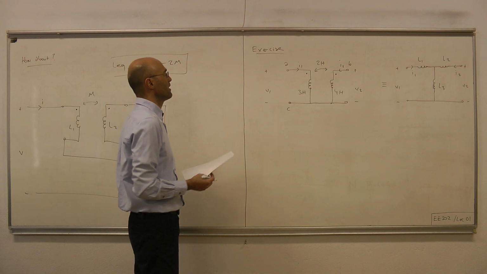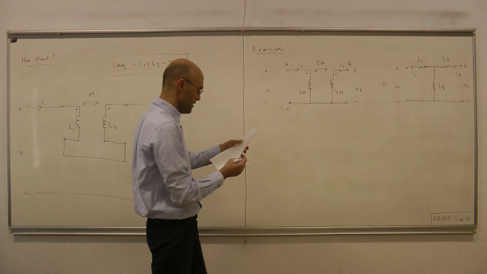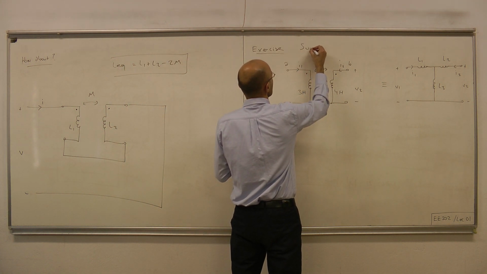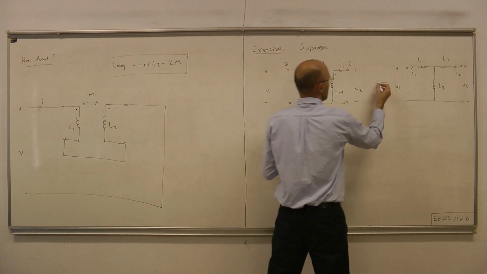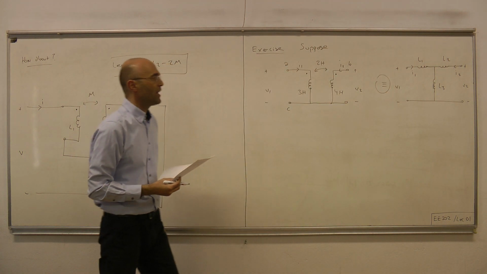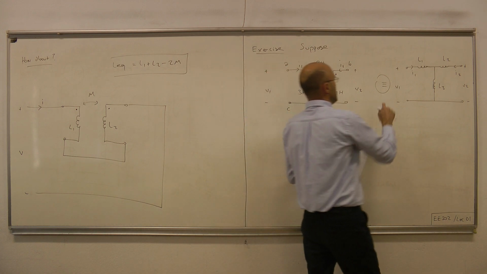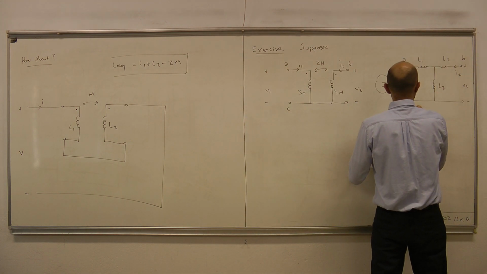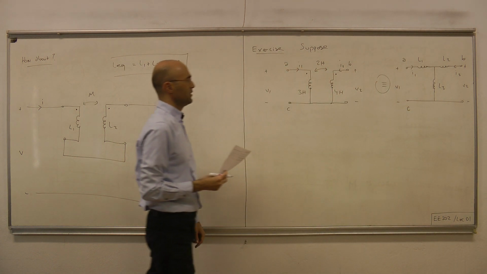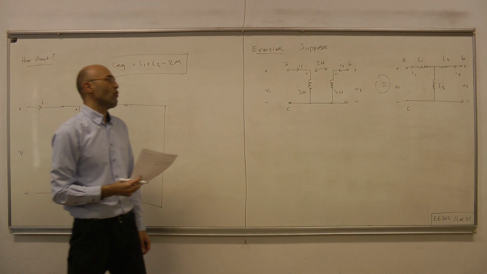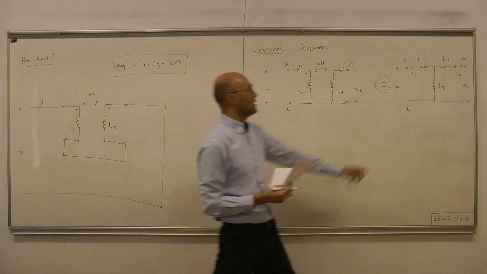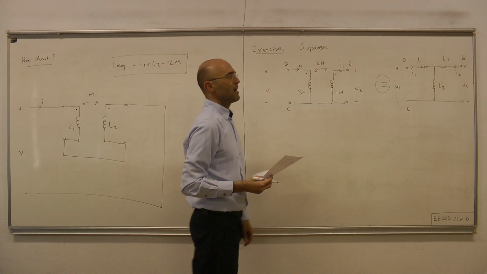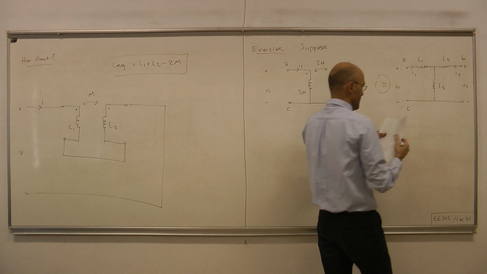And the question that would be a nice exercise to answer is the following. Suppose that these two 3-terminal devices are equivalent. So let's do the proper labeling. This is A, this is B, and this is the terminal C. And then for that equivalence to hold, what should the inductances here be?